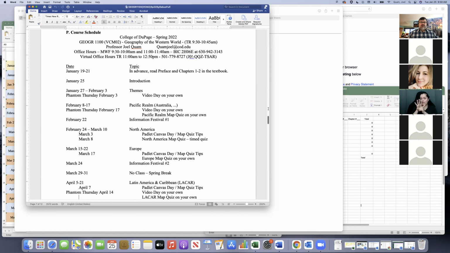I want to talk about a few things about population geography so that we can have that knowledge when we examine the regions. Because of course, all the regions have people, thus population issues and patterns. So I want to do population first so we can then use that knowledge in the various regions.